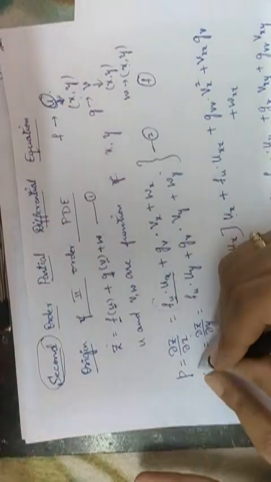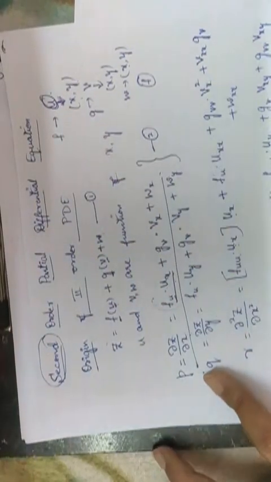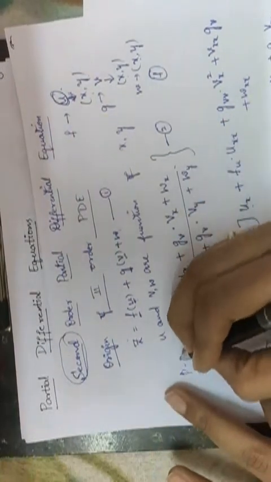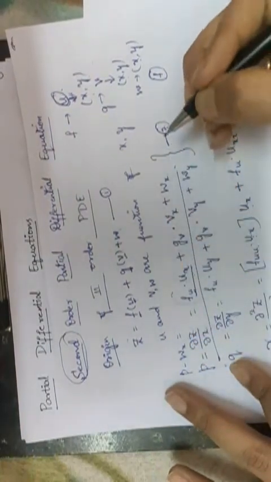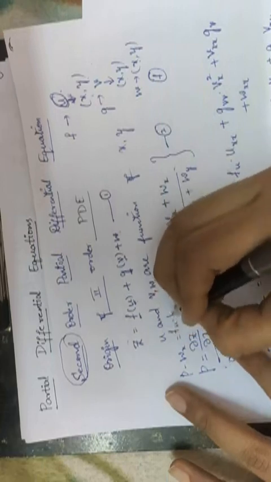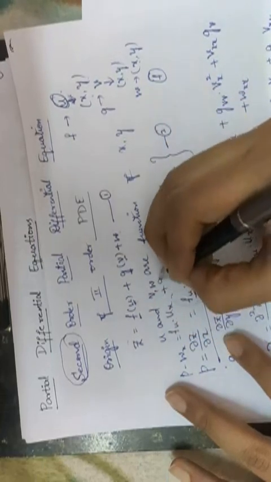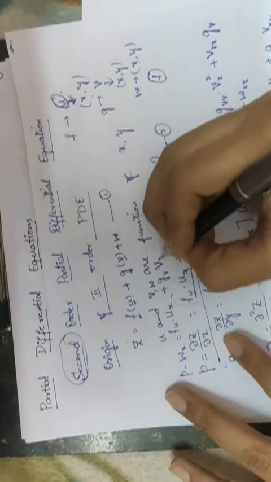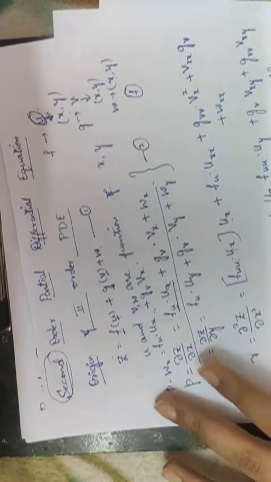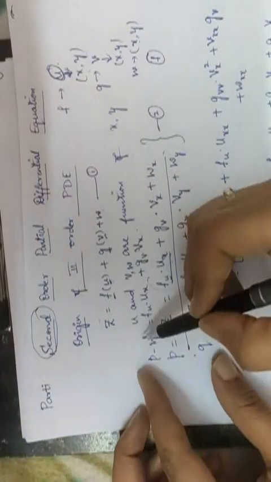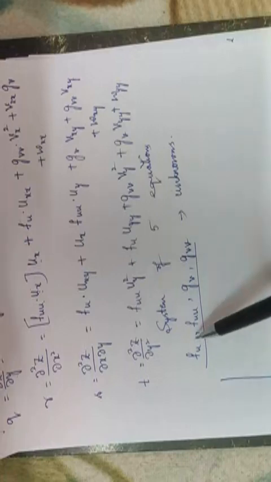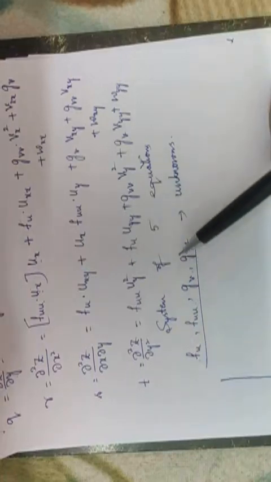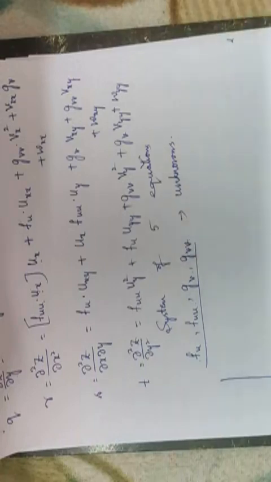You can observe here I can rewrite this equation as p minus w_x is equal to f_u u_x plus g_v v_x, right? So in the determinant what I will do is, all my LHS part I will write as one column, and the coefficients of f_u, g_v, f_uu, g_vv in the remaining columns.